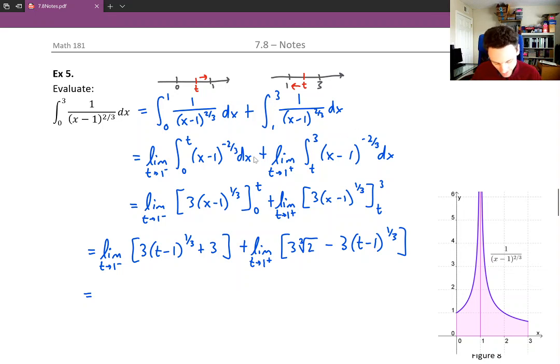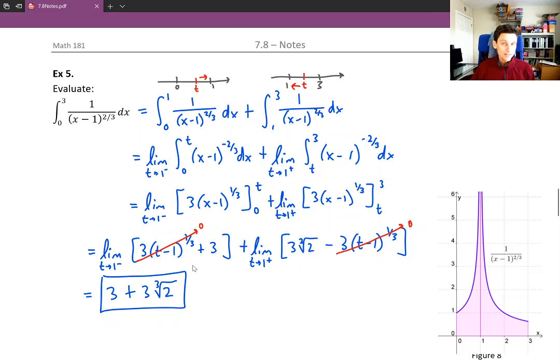When we plug in t equals 1, the 3 times t minus 1 to the 1/3 goes to 0. Same thing with the second limit, it goes to 0. So at the end of the day, we get 3 plus 3 times the cube root of 2.